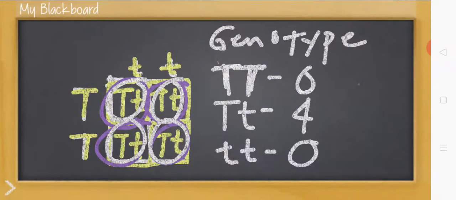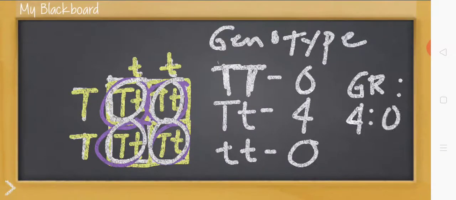Okay? So, now, let us determine their GR. Okay? Kung mayroon tinatawag na PR or phenotypic ratio, may tinatawag din tayong GR. That is the genotypic ratio. Okay? So, the genotypic ratio, ilan yung ating ratio? So, we have 4 is to 0. Saan po nang galing yun? Ito po yun, yung 4, which is the heterozygous tall.